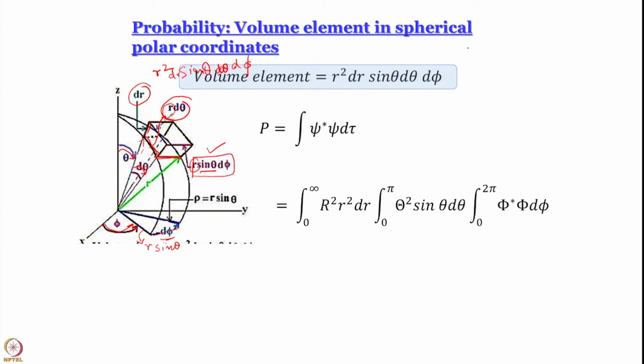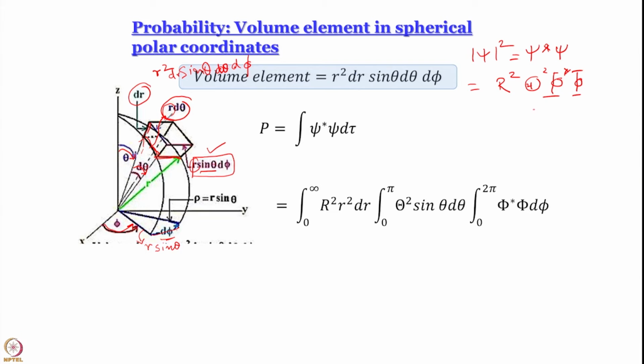So, when we write mod psi square, that is psi star psi, that boils down to R square, capital theta square, capital phi star multiplied by capital phi.